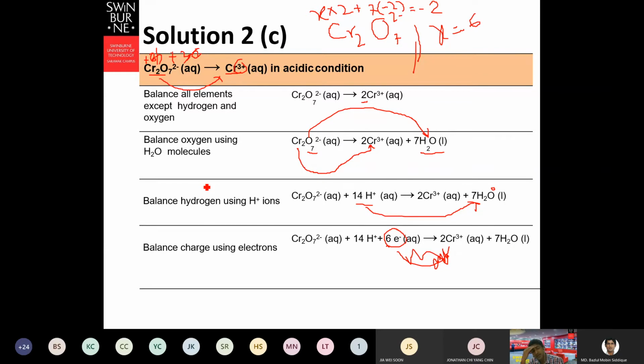To balance out this oxygen, this is the rule, okay? You make the oxygen atom into water. You cannot just leave oxygen like O2. This oxygen atom should be on the right side, shown as water. So that is why the water is coming.